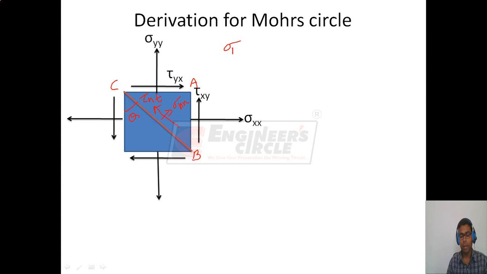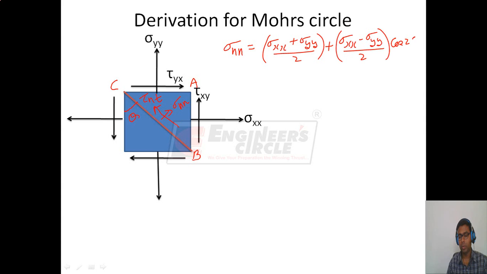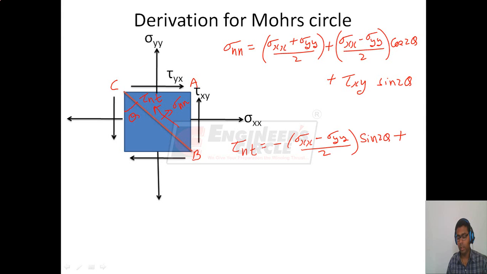Analytically, sigma nn can be written as sigma xx plus sigma yy by 2 plus sigma xx minus sigma yy by 2 cos 2 theta plus tau xy sin 2 theta, and tau nt can be written as minus sigma xx minus sigma yy by 2 sin 2 theta plus tau xy cos 2 theta.